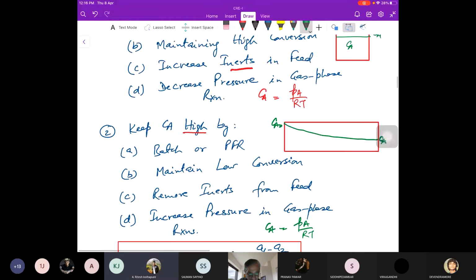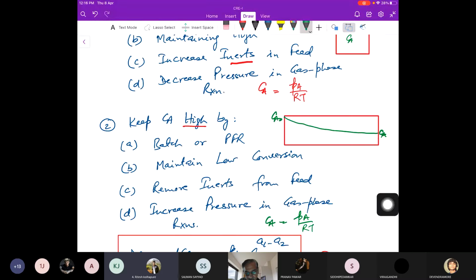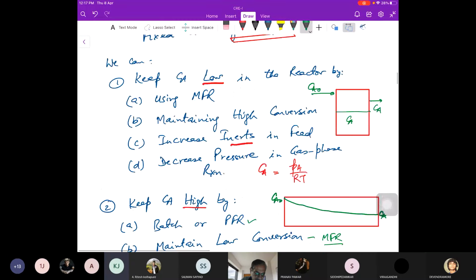Sir, for a PFR the conversion is always high, so how will we keep low conversion here? These are separate independent options. If I take an MFR, I should keep low conversion. If I take a PFR, it already achieves high concentration.